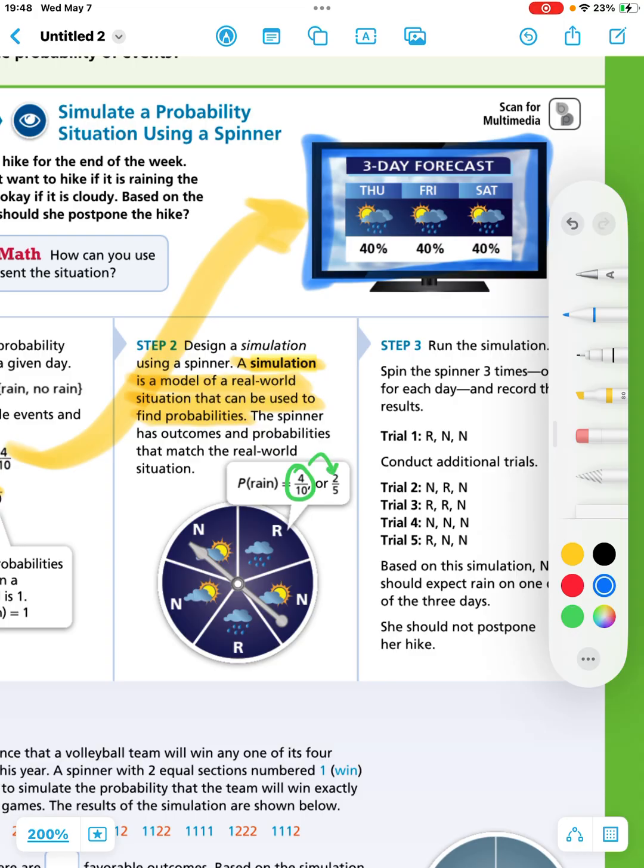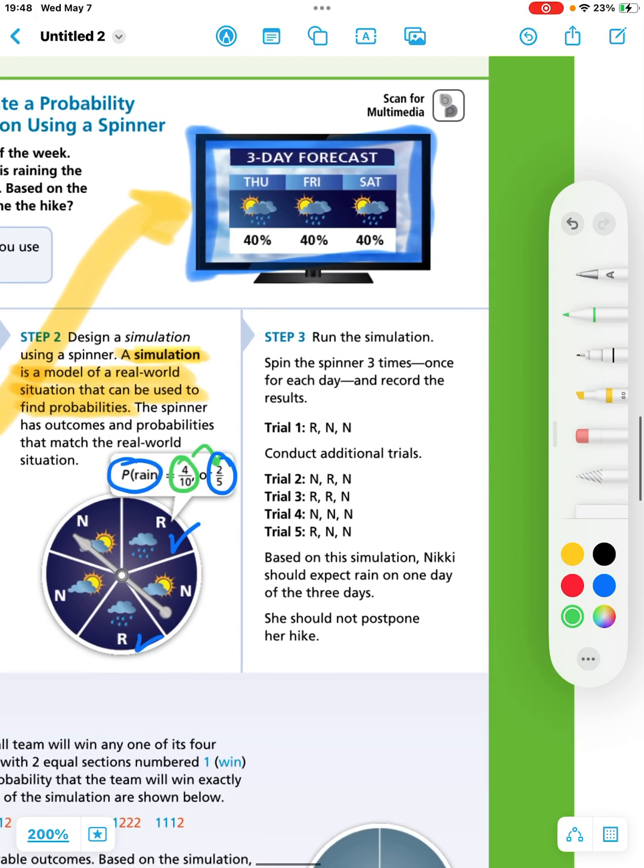Notice how that correlates. The probability of it raining can also be written as 2 over 5. So therefore, we have 2 chances out of all 5 for this spinner. So that's something good to note too. And then from here, she said, well, let's run the simulation. Let's spin the spinner 3 times and record for each day.